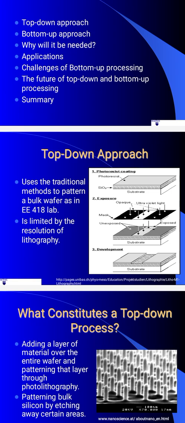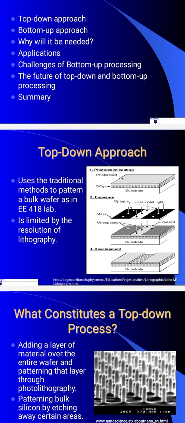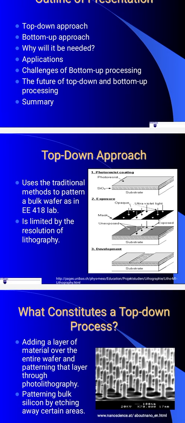The structure size can be minimum 300 to 400 nanometer. So if you want to make a 50 nanometer line, this method will not be useful, because ultraviolet light has a wavelength range from 300 to 400 nanometer, isn't it? So this is the limitation. The wavelength is making the limitation.